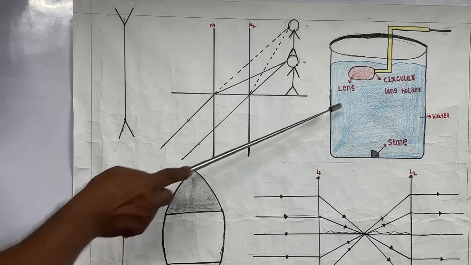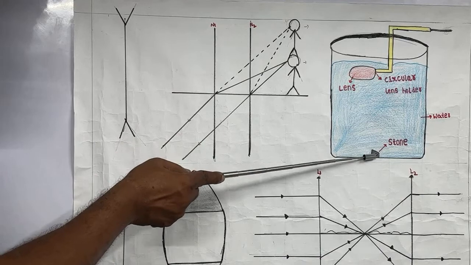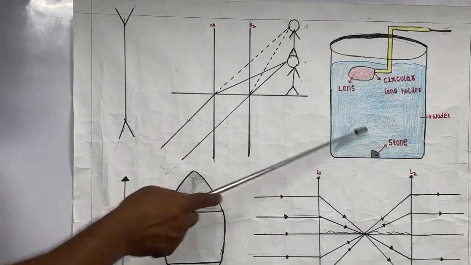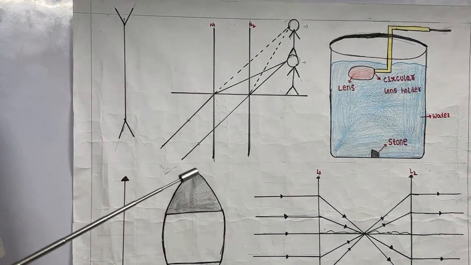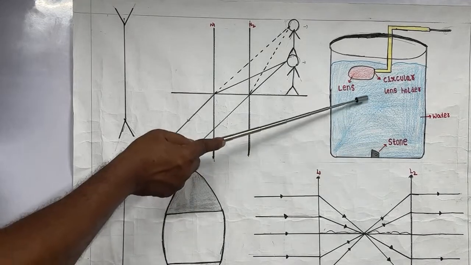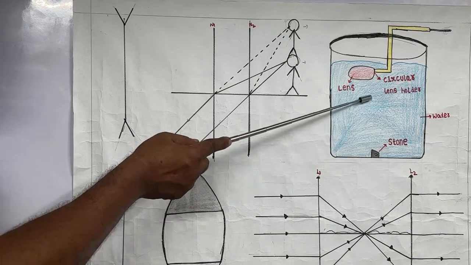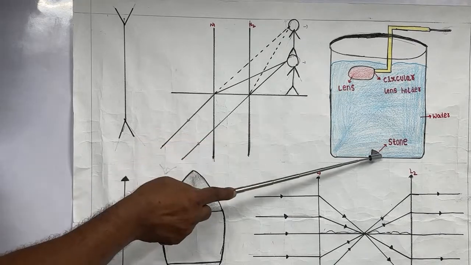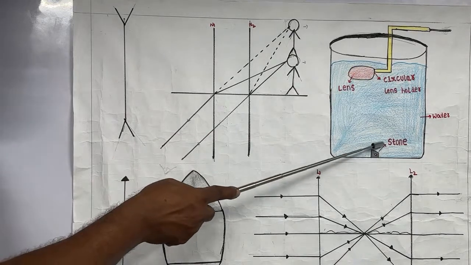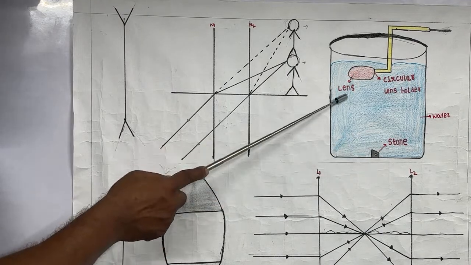I am trying the same experiment in the water. It is not coming. I keep the distance at 15 centimeters between the black stone and the lens, and the image of the black stone is blurred, not clear. So I raised from 15 to 16. Some blurredness came down. At 17, still blurredness is there. At 18, now we can see a crystal clear vision of the black stone which is in the water. Now what happened here?